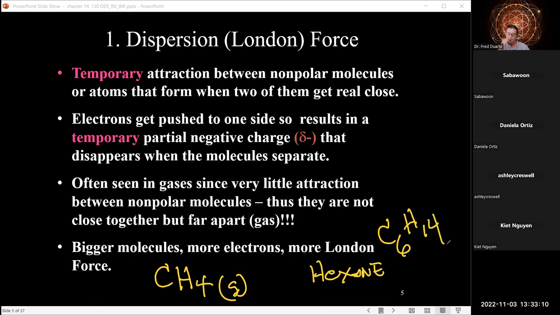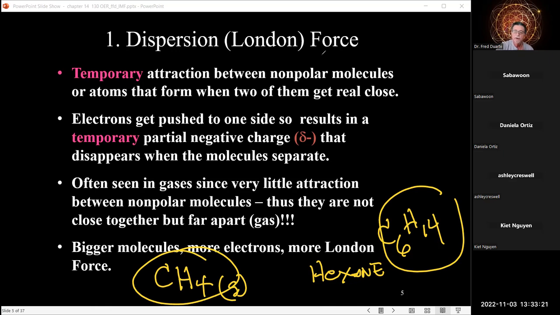Yeah, 14. Both of them are hydrocarbons. Both of them have London dispersion forces, but hexane is bigger. And whereas methane is a gas, hexane's a liquid.